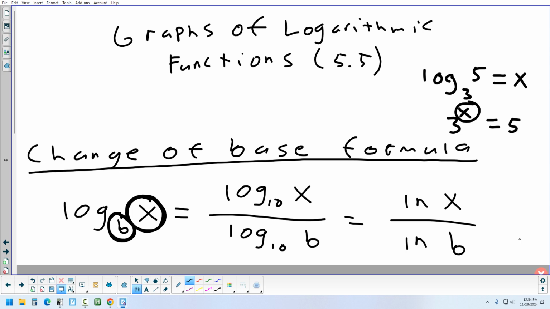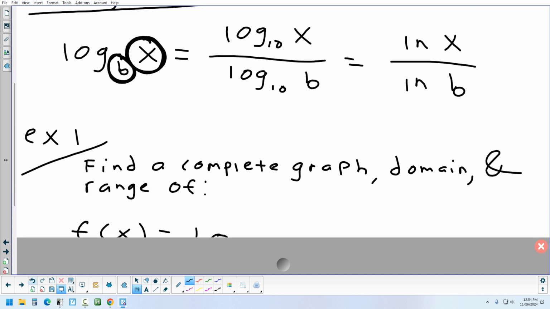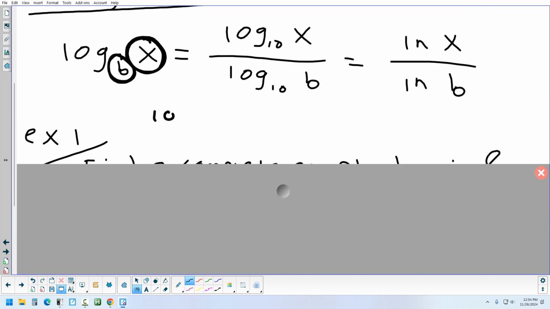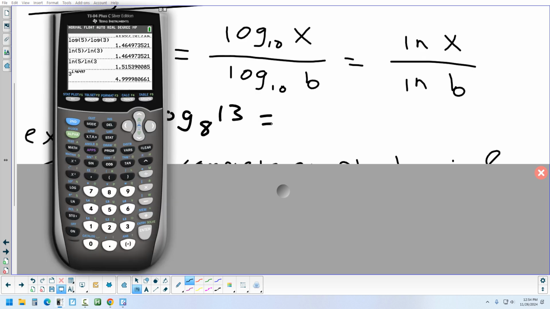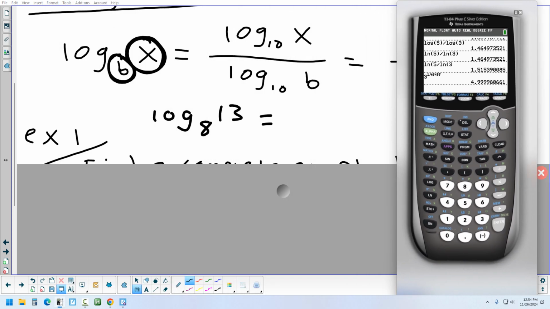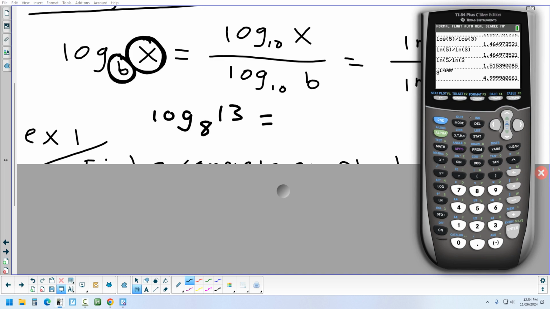All right. Let's try log base 8 of 13. How would you type that one in on the calculator?